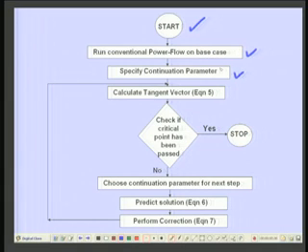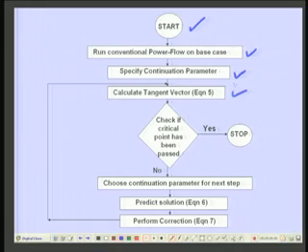Specify continuation parameter. Now, at this stage, how to specify the continuation parameter? We have not calculated the tangent vector, and therefore, the suggestion is you can choose lambda itself, which is the load parameter, as a continuation parameter.